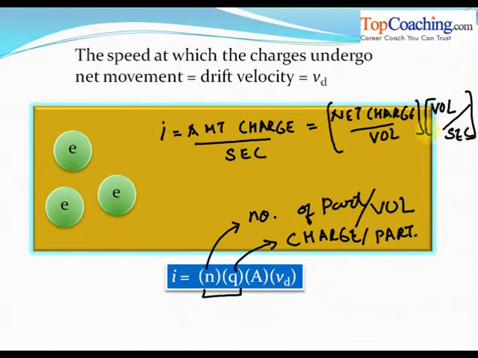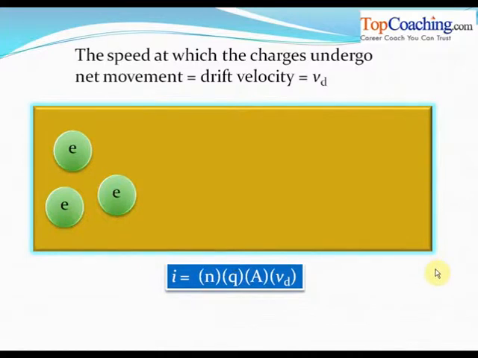The volume of charge flowing per second is clearly the area of cross section of the conductor into the drift velocity. The volume of charge flowing per second is area into velocity. There's no doubt about it. Therefore, the net electric current can be given by this expression that you see on your screen in this blue box. And yes, you must remember this expression.